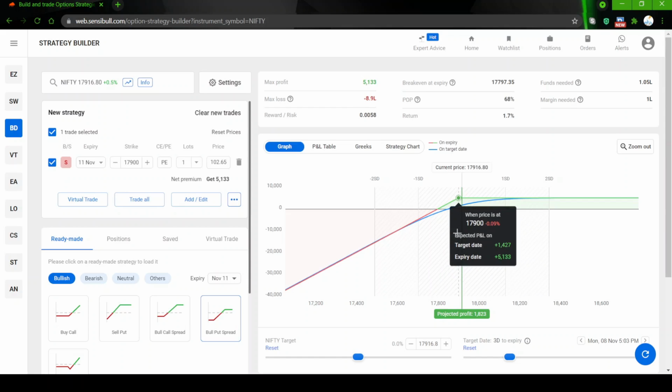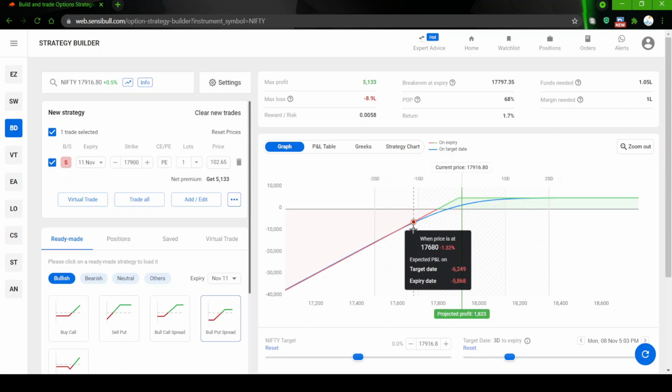When the market goes down below 17,797, below 17,800, consider how quickly we get into the loss. You can see, if the market expires at 17,600, our loss would be somewhere about 10,000 rupees. That is for one lot.